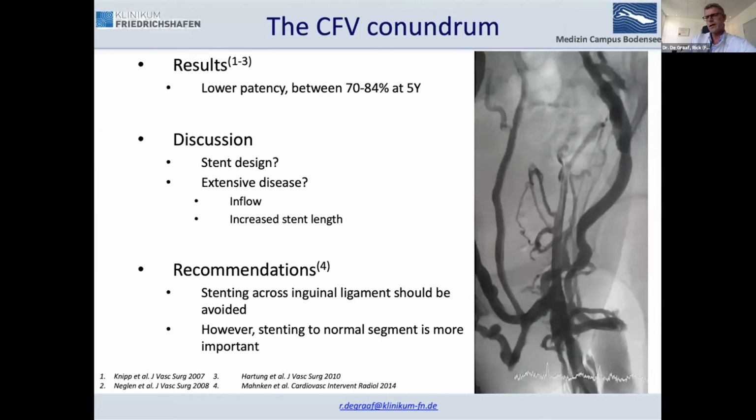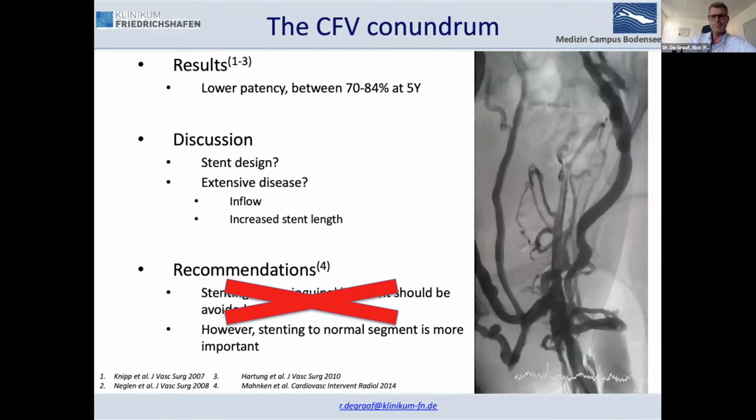Because if the common femoral vein is involved, then usually also the femoral vein and the profunda vein are involved. So of course they have less inflow, and that might very likely influence the stent patency. Then there were early recommendations not to stent across the inguinal ligament. Probably that's totally wrong, so we're done with that, I think.